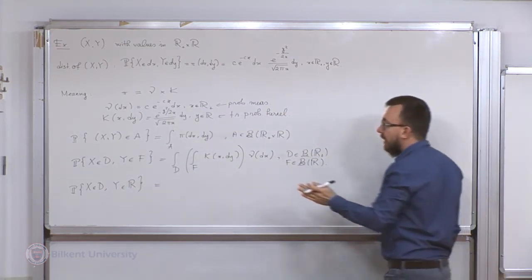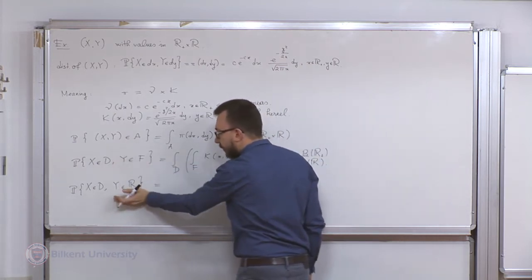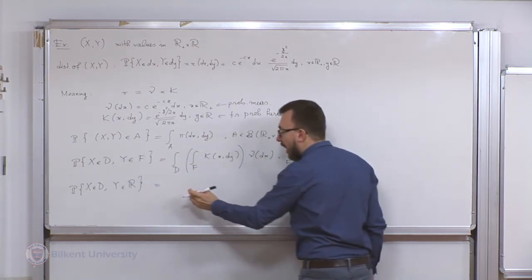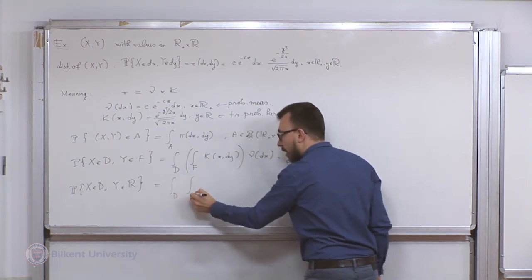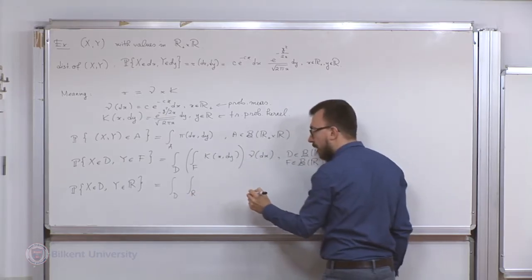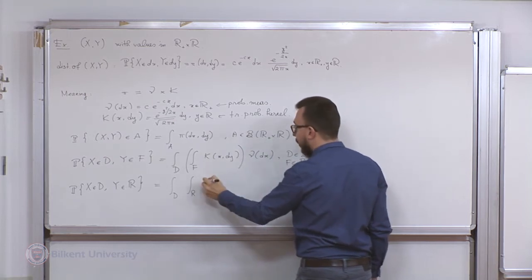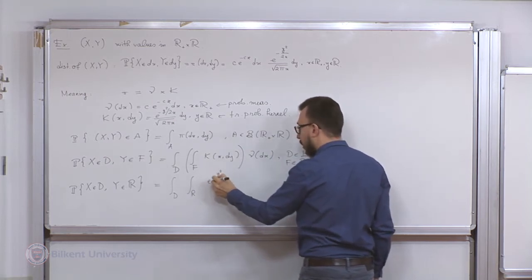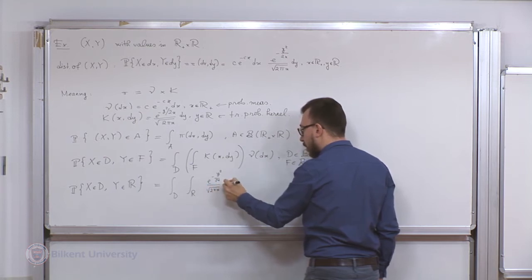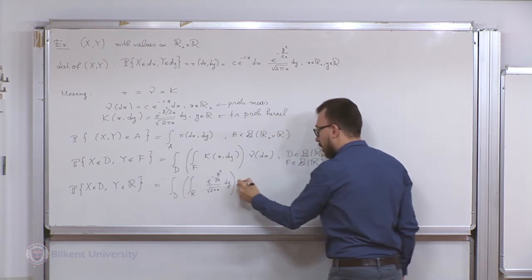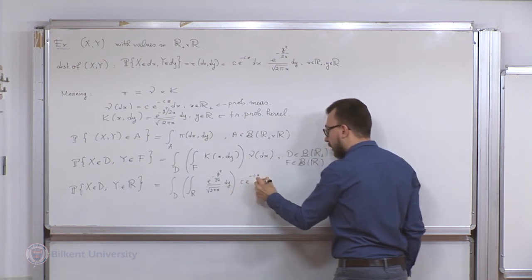So if you want to kill the second variable, this is what you can do, right? So now it's going to become an integral of this expression, c e to negative cx dx.